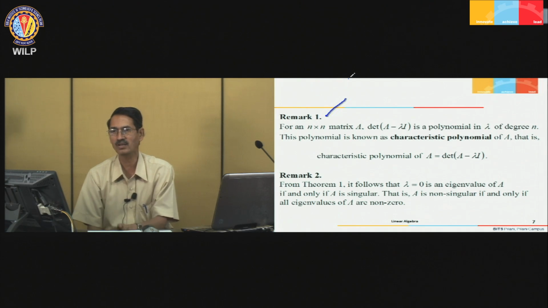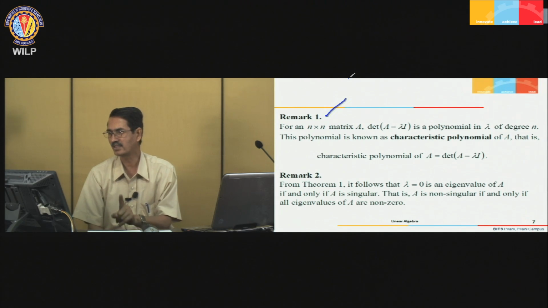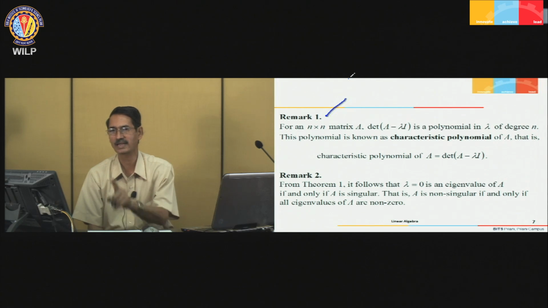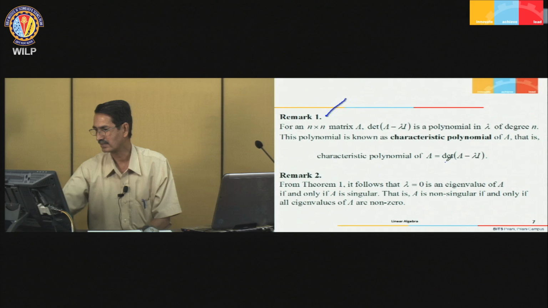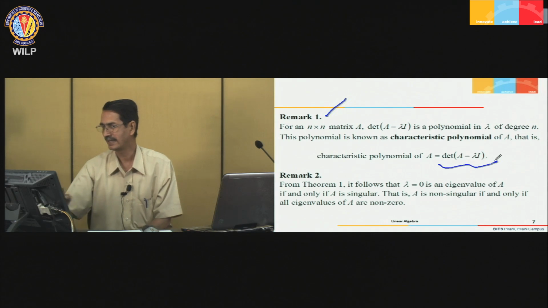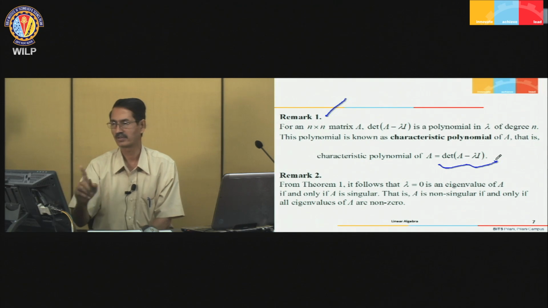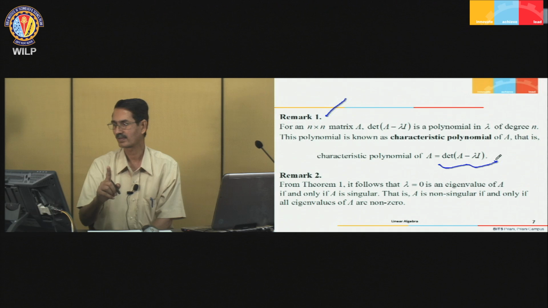This equation, determinant of A minus lambda I equal to 0, is called the characteristic equation, and the determinant of A minus lambda I is called the characteristic polynomial. If you make it equal to 0, then it is called the characteristic equation.